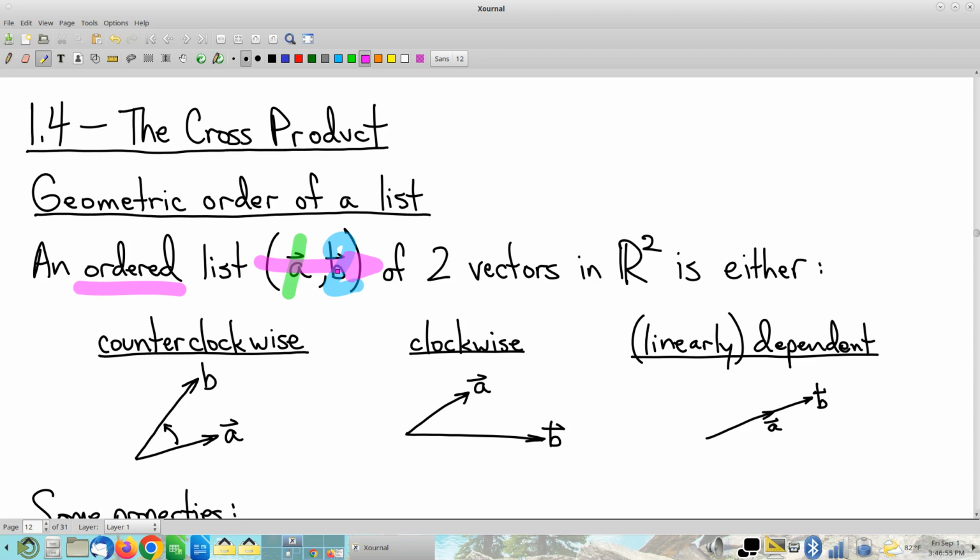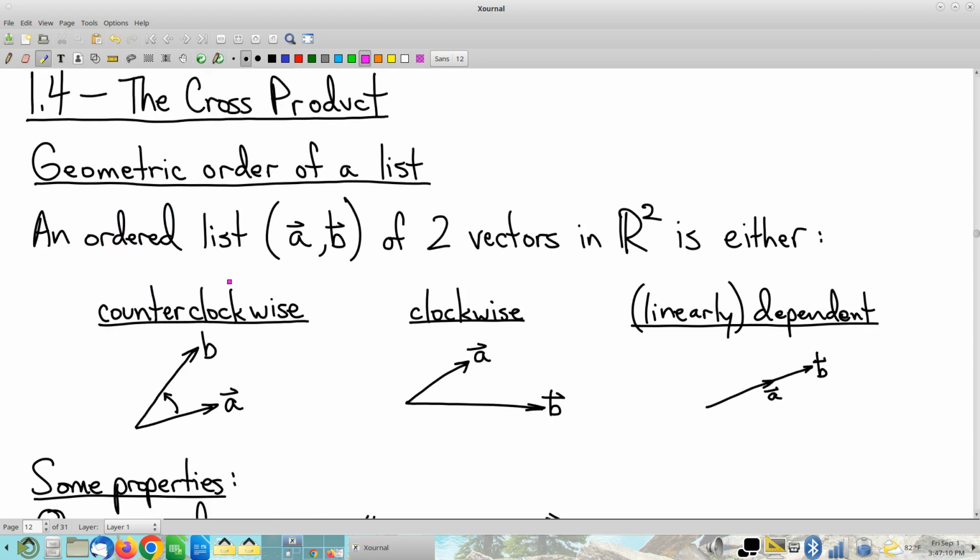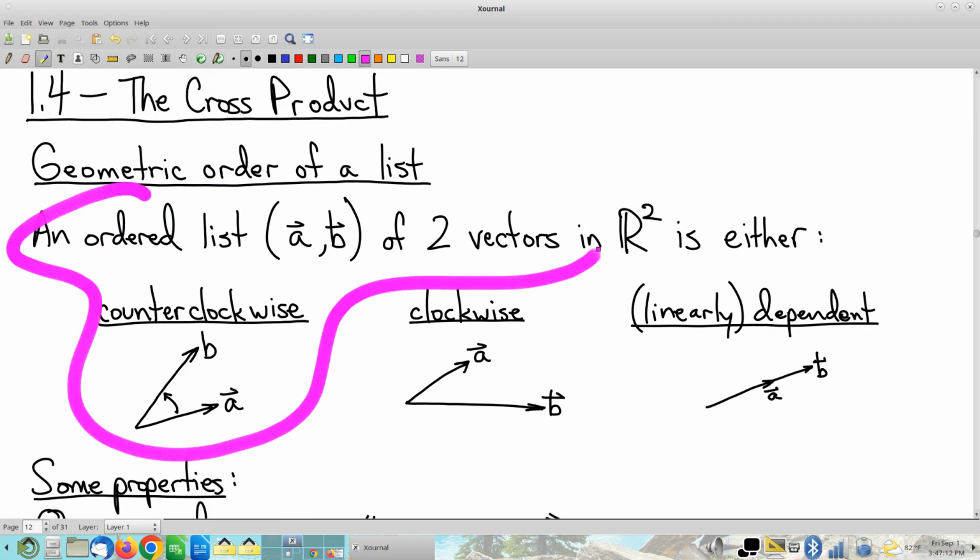Okay. Now, I wrote ordered list here. Even though a list is intrinsically ordered, I wrote ordered here just as a double emphasis. Don't forget the order matters. Okay, so that said, how would I describe, for example, this pair of vectors? Now, see, look, I just committed a crime.